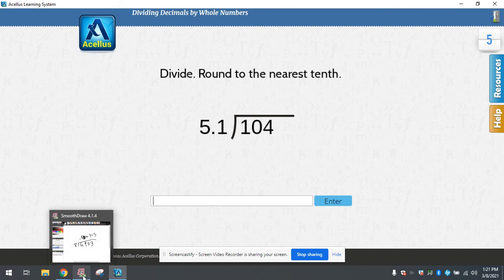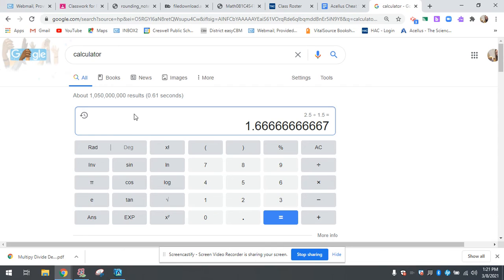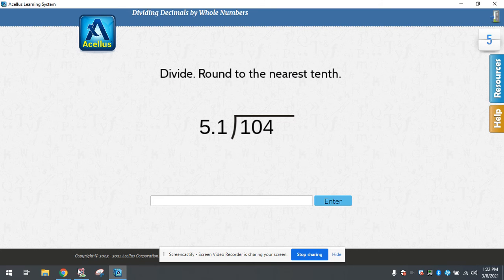104 divided by 5.1 equals 20.3921 and so on. Round to the nearest tenth.